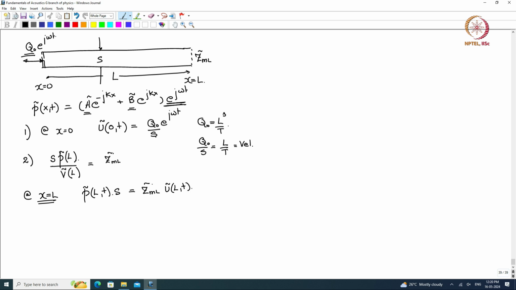How do we get velocity? From the Euler equation. And what does Euler equation say? Del p tilde by del x is equal to minus rho 0 del u tilde by del t, or minus j omega rho 0 u tilde.